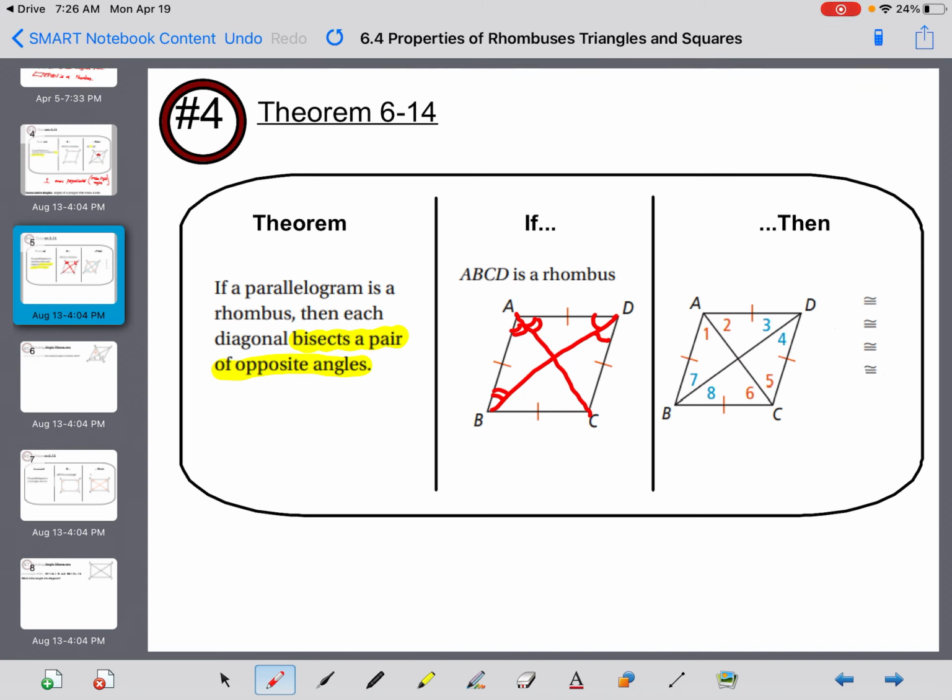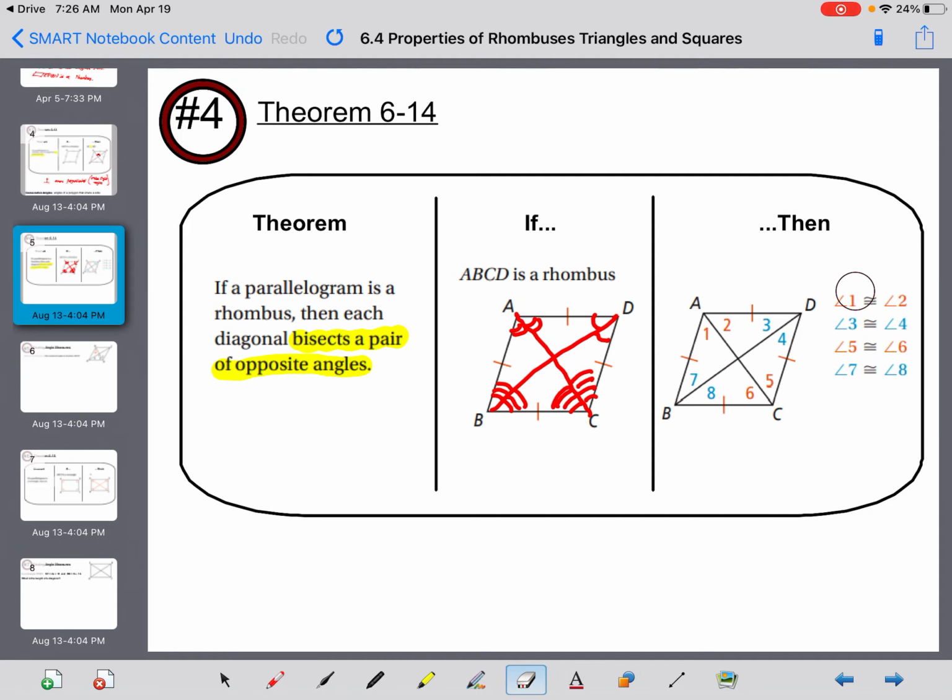As you can see, I'm labeling them. Those angles would be angle 1 is congruent to angle 2, angle 3 is congruent to angle 4, angle 5 is congruent to angle 6, angle 7 is congruent to angle 8.